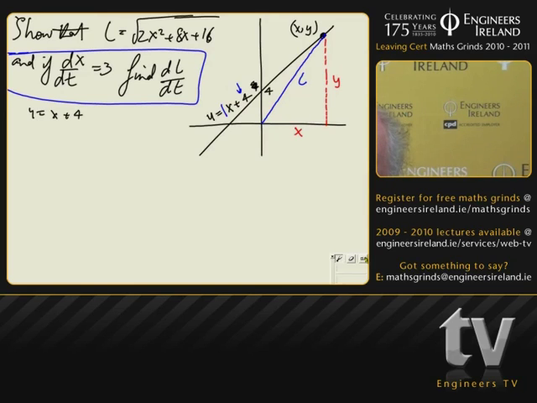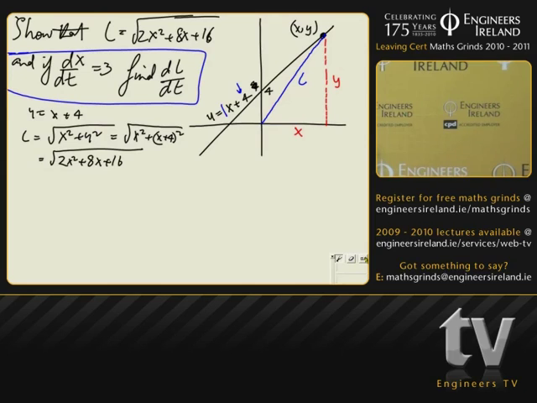We know that L is going to be the square root of x squared plus y squared, which is the square root of. Okay, that's the easy bit. You've set up what you wanted. That L is equal to this particular thing.